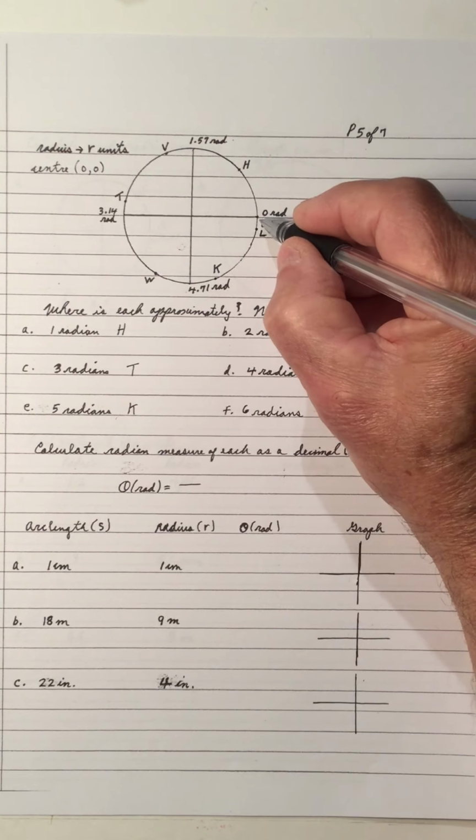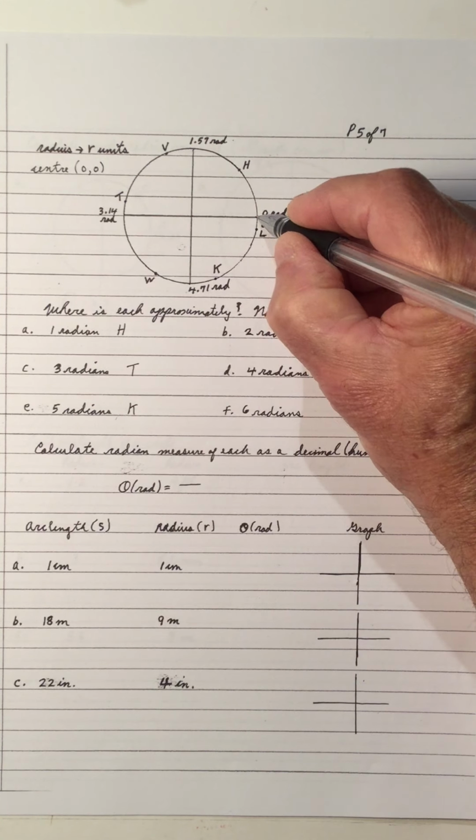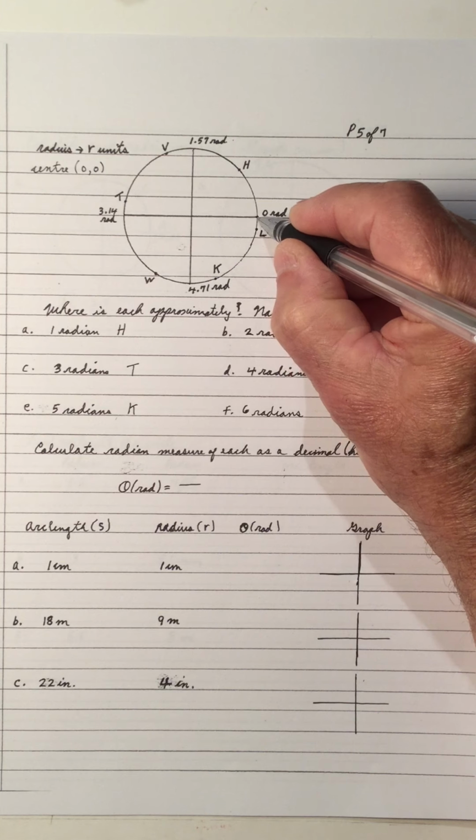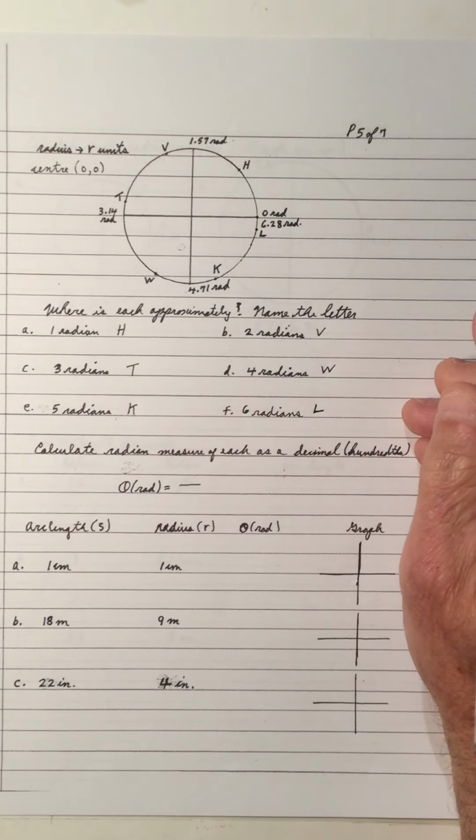And 6 radians, 6.28 is all the way around, and so 6 radians would be almost to there, so the letter L is representing 6 radians.